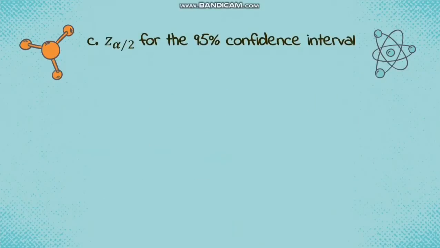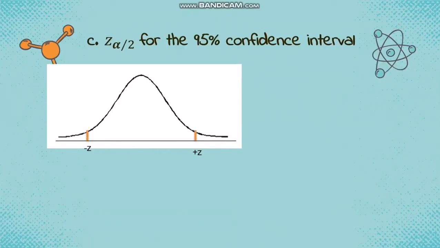We are now in C, z sub alpha over 2 for the 95% confidence interval. By the use of the normal distribution again, between negative z and positive z, the area of this region is based on the confidence level, which is 95%. So this area is 0.95.